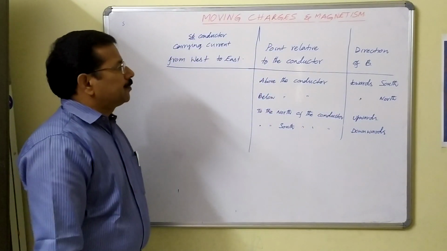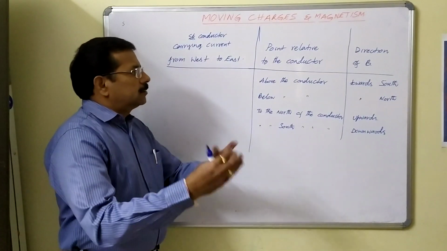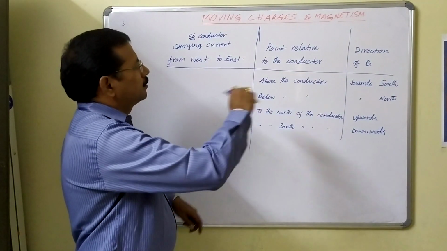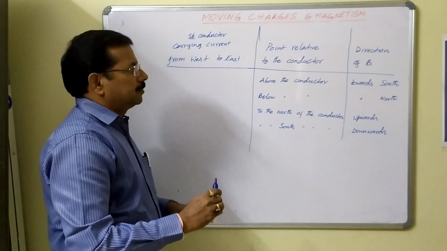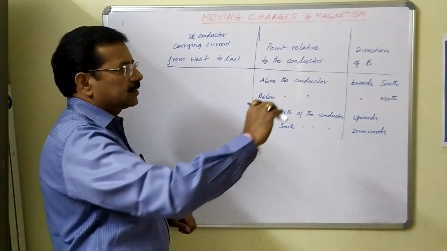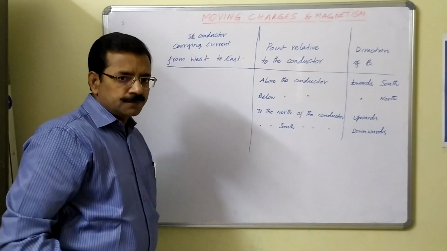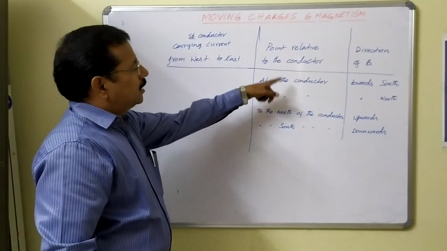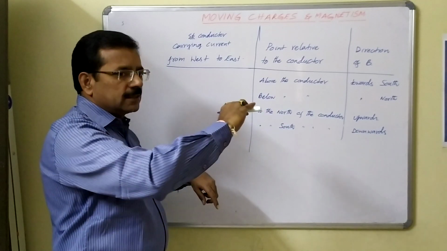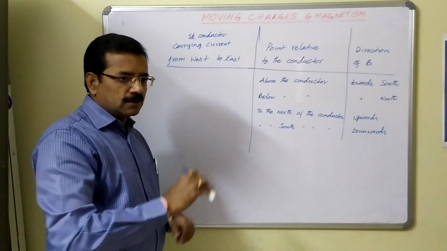Okay. Later you practice to find the direction of magnetic field induction in case of a straight conductor carrying current from east to west. With the help of this table, you can easily answer that case also.